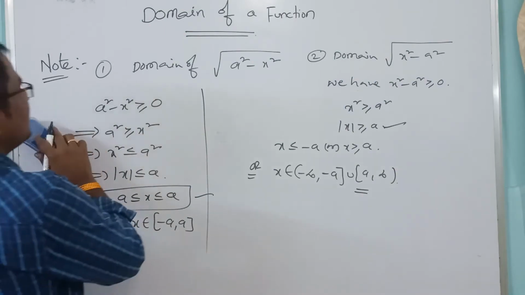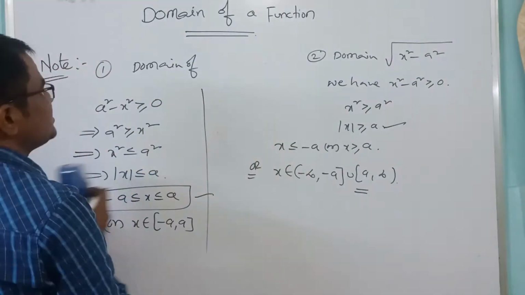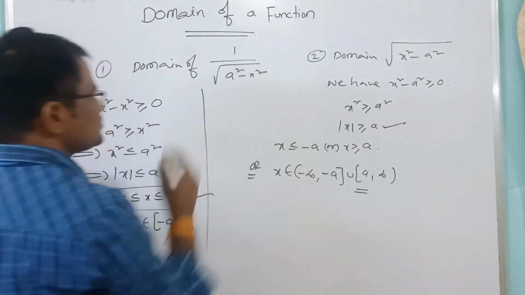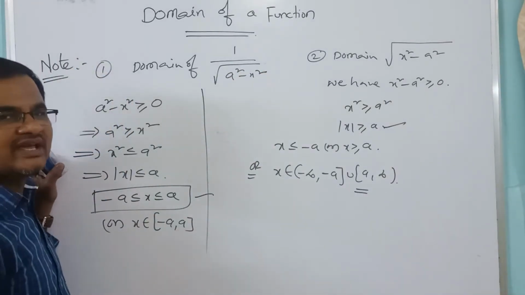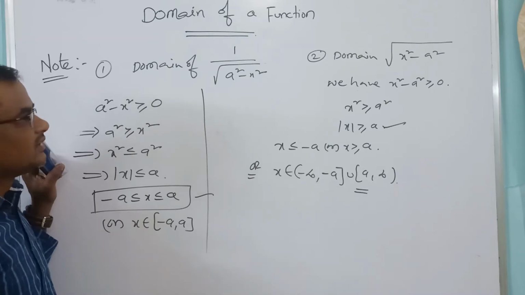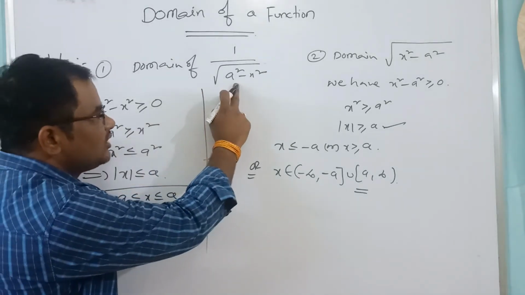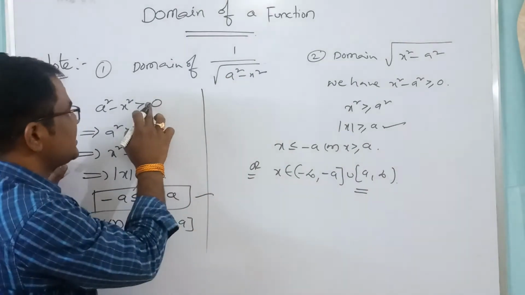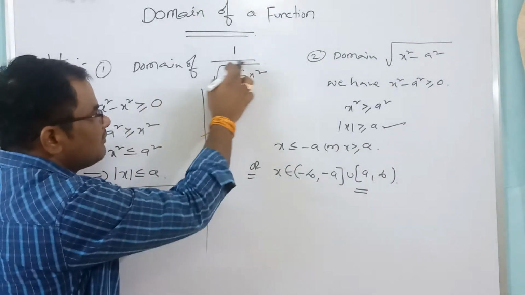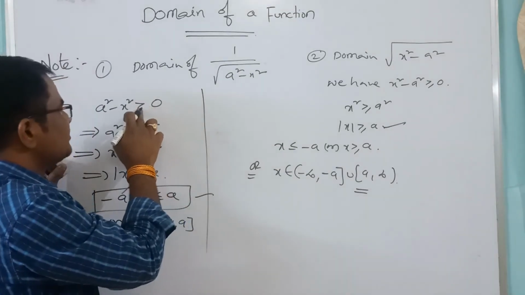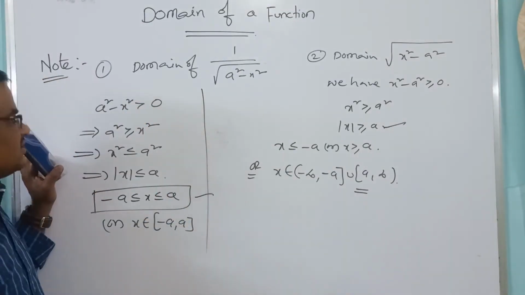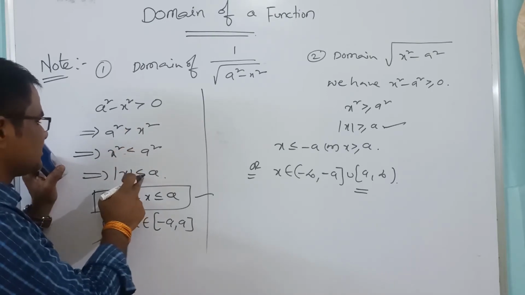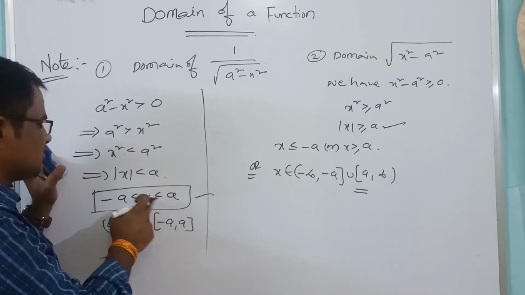Next, the third one: domain of 1 by root of a square minus x square. Here the value under the root is non-negative, meaning greater than or equal to 0, but since it is in the denominator, we have to take it as strictly greater than 0.